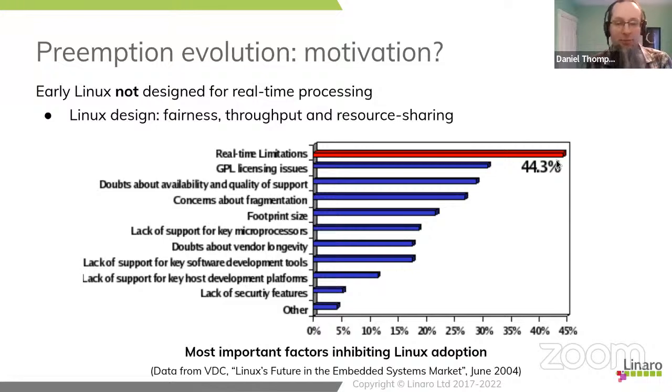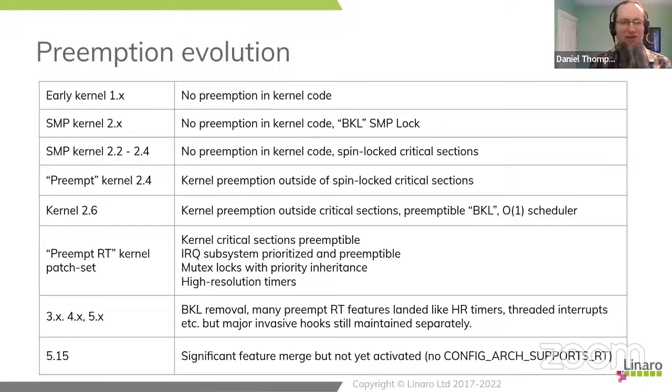It was assumed that the real time market, the embedded market, required substantial real time components. So the limitations of Linux with respect to real time were real and significant. And it's interesting because that kind of survey feedback also matches into the history of things like the preempt kernel 2.4 here and the preempt-RT patch set appearing for the first time. So while people were concerned about it, moves were already afoot to address it.